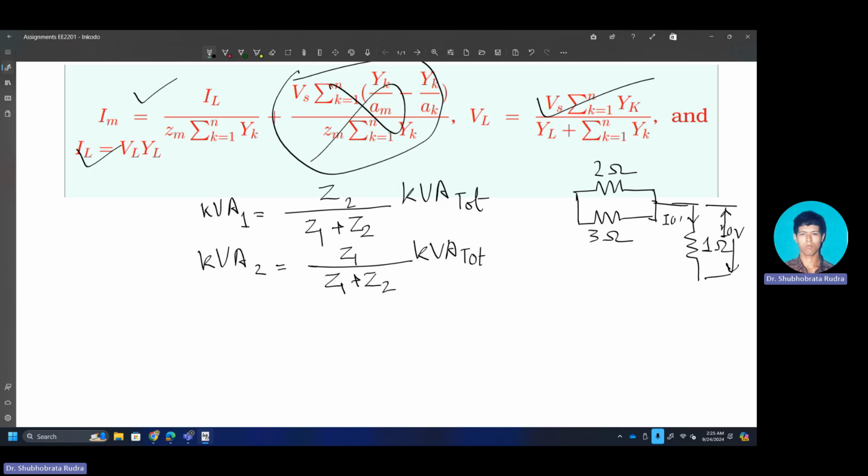So 10 ampere current is flowing. Now, how much is flowing through this 2 ohm? This 2 ohm will carry 6 ampere. This 3 ohm will carry 4 ampere.